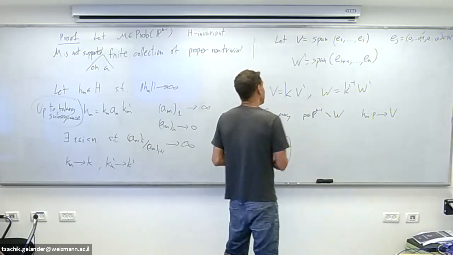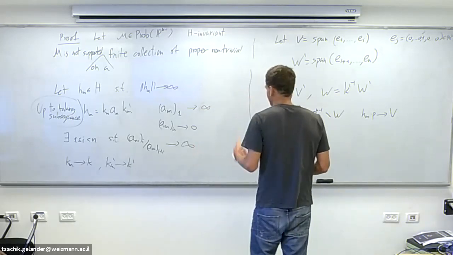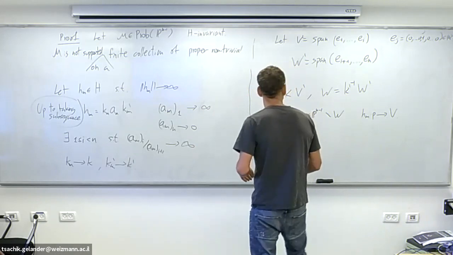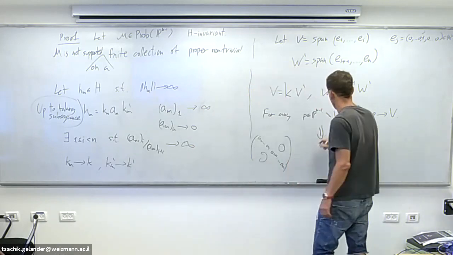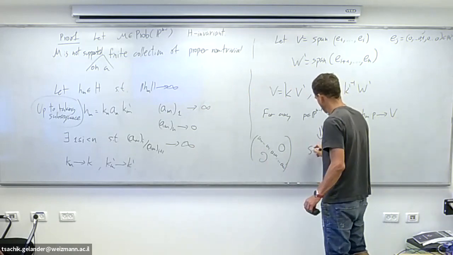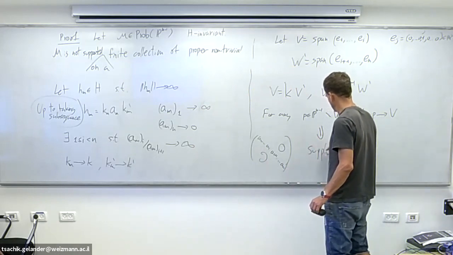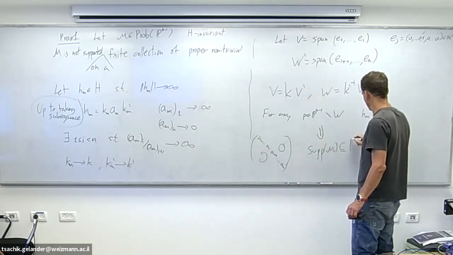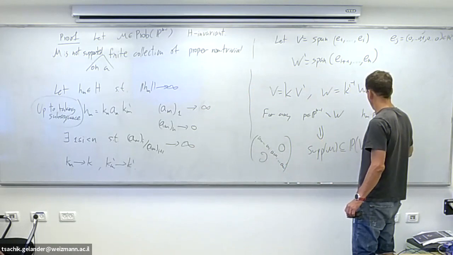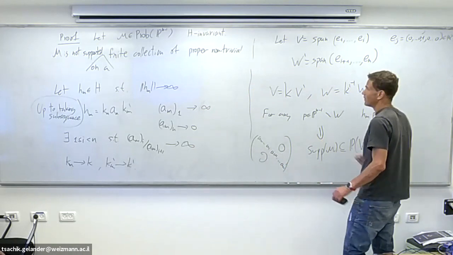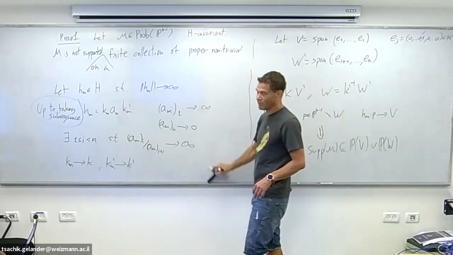So you see that the measure is in contradiction. Because this implies that the support of mu is contained in the projectivization of V union the projectivization of W, which contradicts the fact that we said in the beginning.